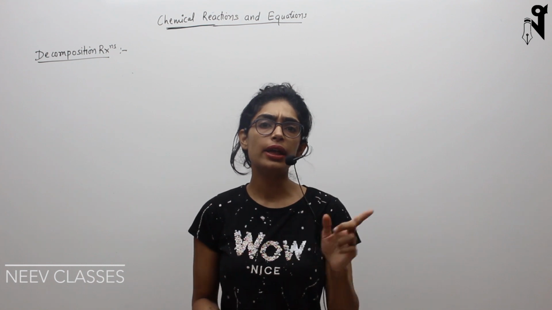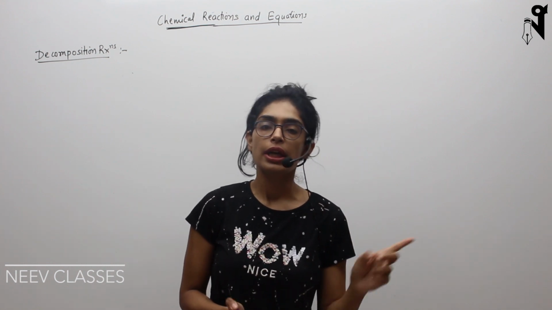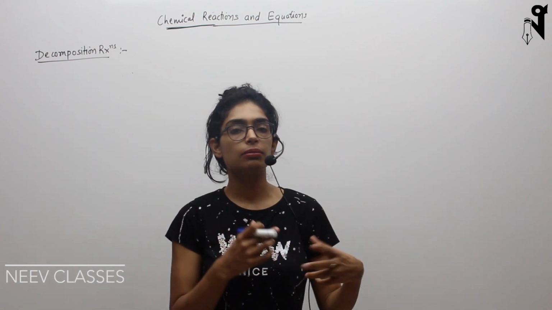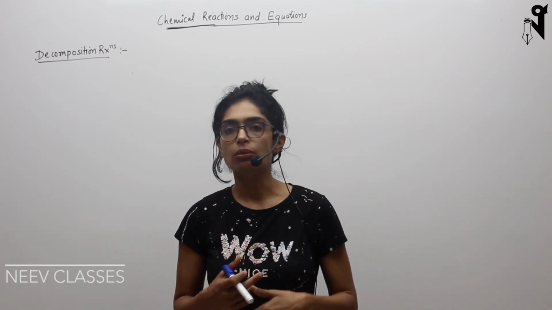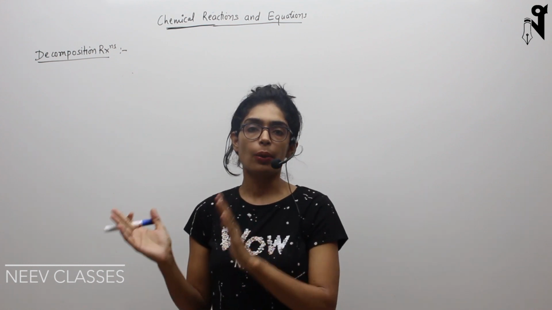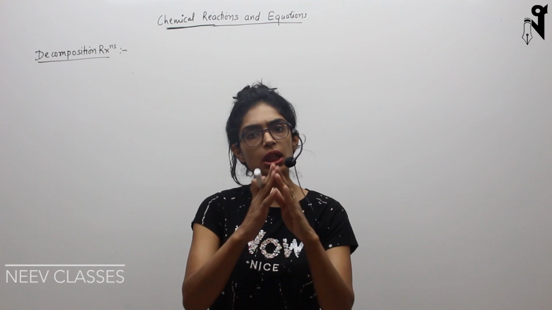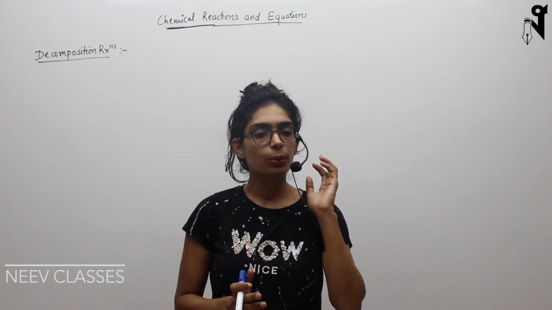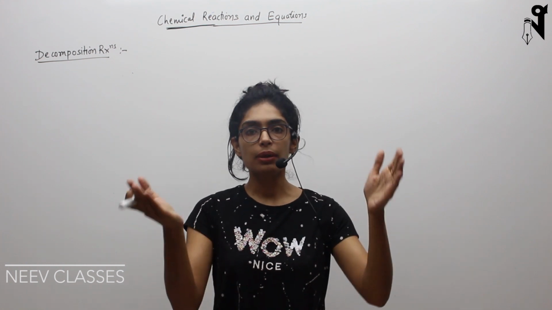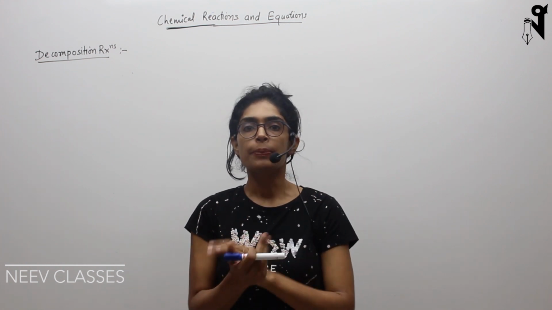So doesn't it look completely opposite to the combination reaction? In combination, what we were doing, we were taking the smaller molecules or atoms or elements or compounds, and they were combining together and forming one big molecule. Now here we are doing the opposite of it. We are taking a big molecule and then we are doing some activity on it which causes the reaction to happen, and then that bigger molecule breaks down into smaller particles.